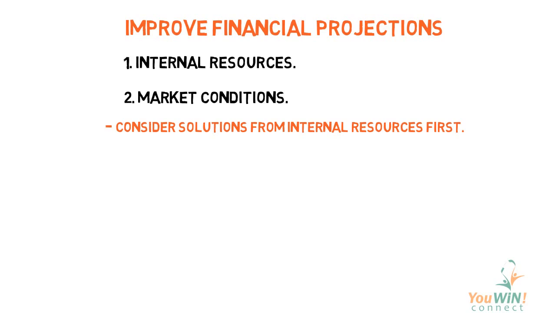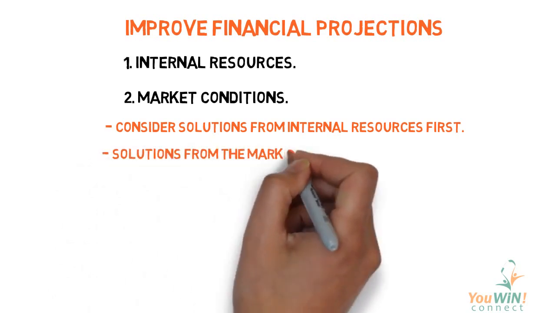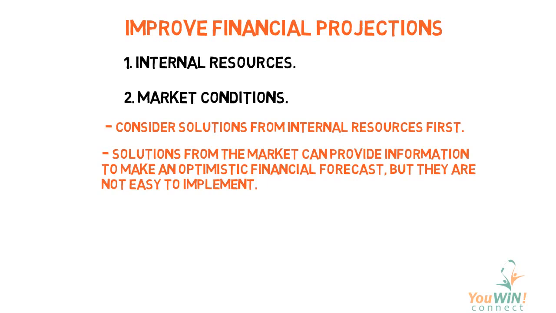Also, you can look at costs in terms of production costs, also in terms of cost of managing the enterprise, and see if there are things that we can bring down so that financial projections will look better. Solutions from the market can provide information to make an optimistic financial forecast, but they are not easy to implement. For example, we can increase sales or reduce cost of sales.